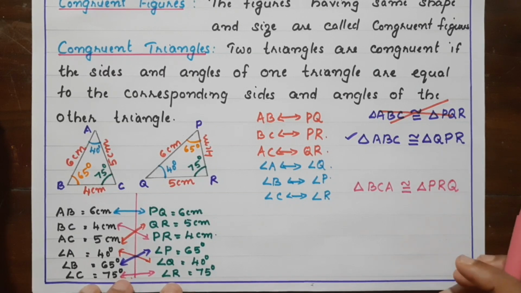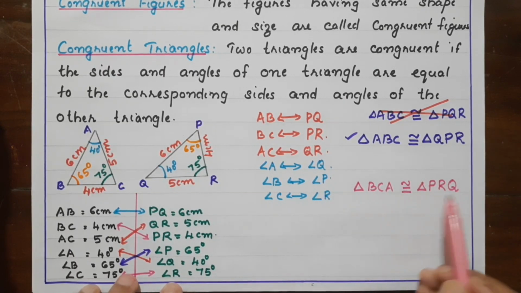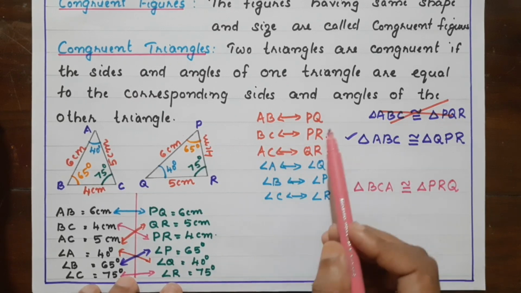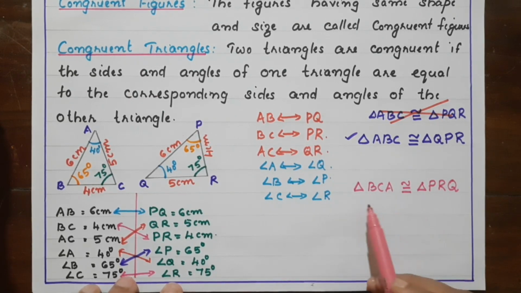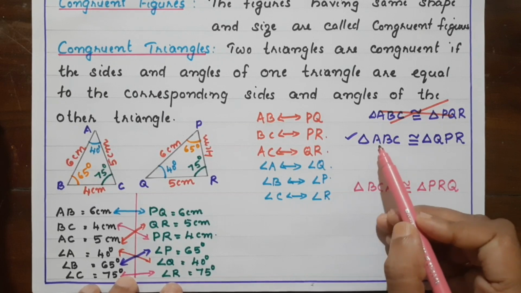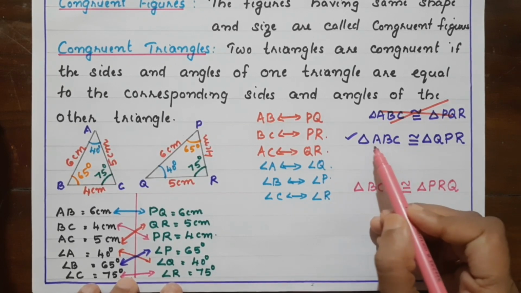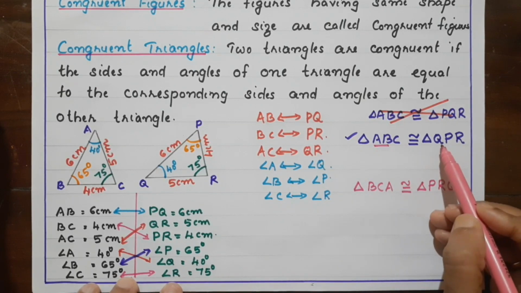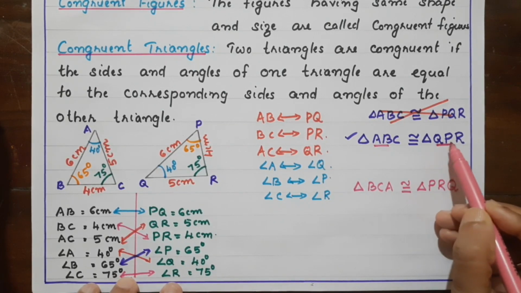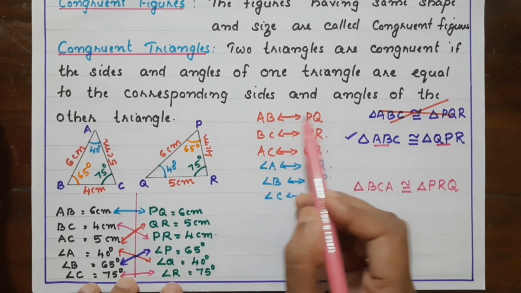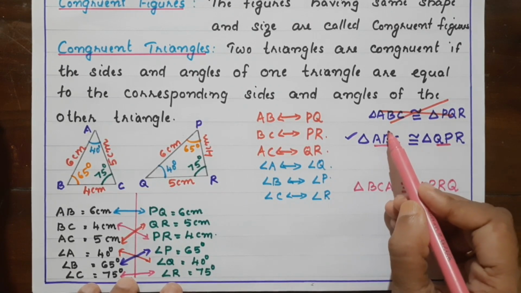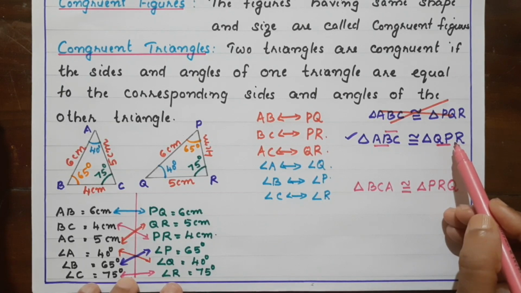PRQ. And one more thing, when you write like this, you can see the corresponding sides are also coming in the same position. See, come to this one. First side AB, here what came? QP. QP is equal to PQ. So AB corresponds to PQ. Then second, BC. Here what is it?